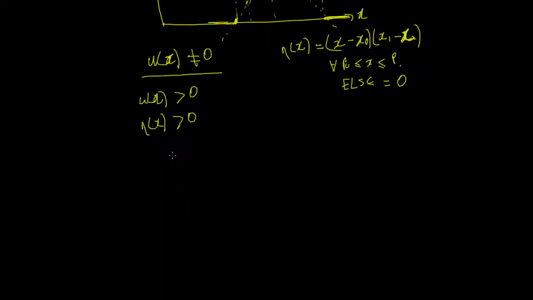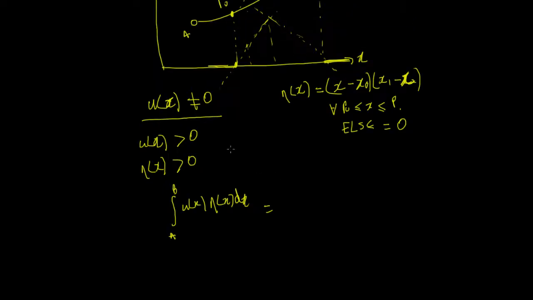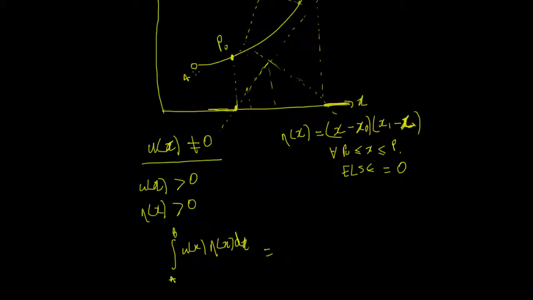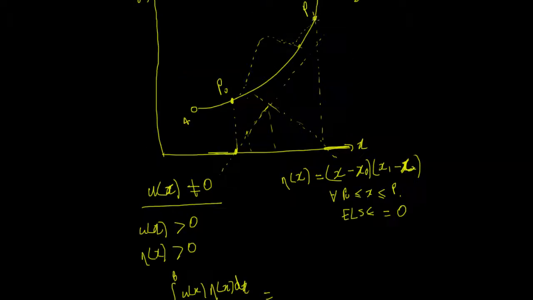So that means if we find the integral of u of x, eta of x by dx from some value, say from a to b, well, if we integrate it from a to p0, eta of x is defined as 0, so the value at that point would be 0, and when you integrate it from p1 to b, again the value would be 0.